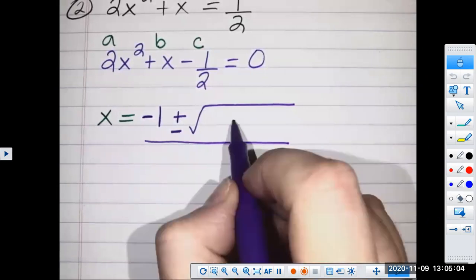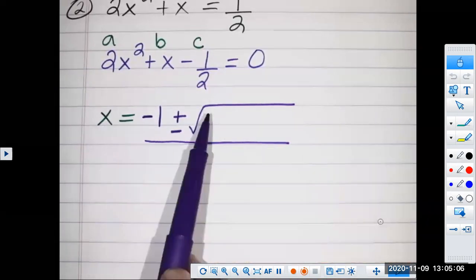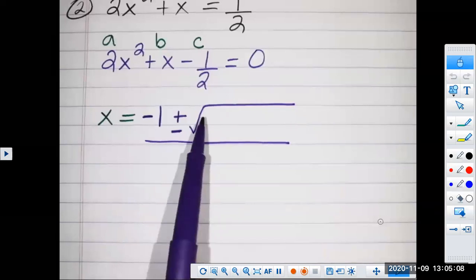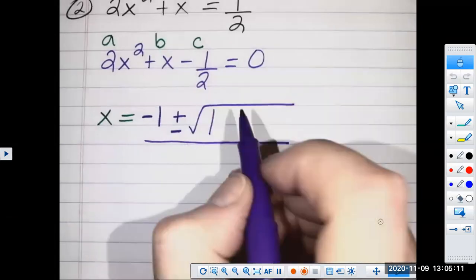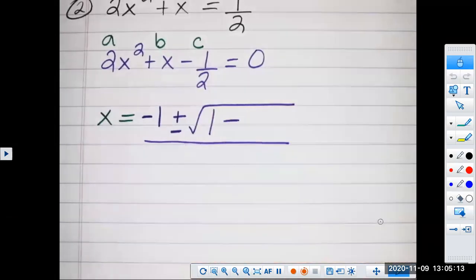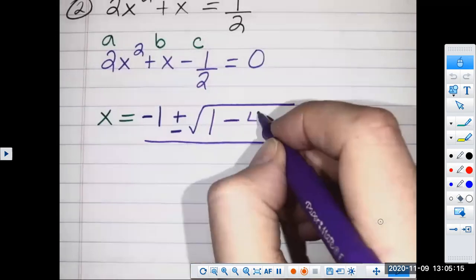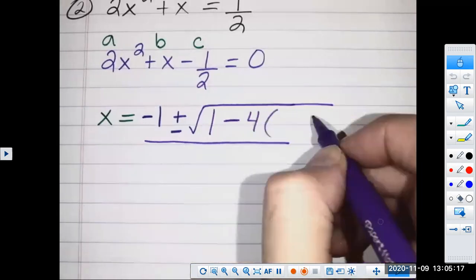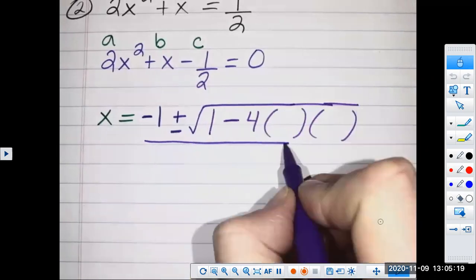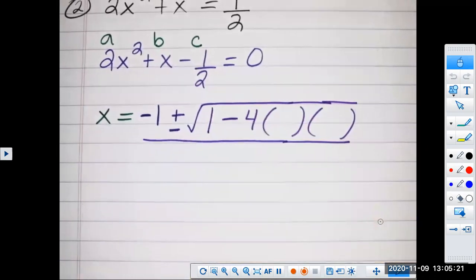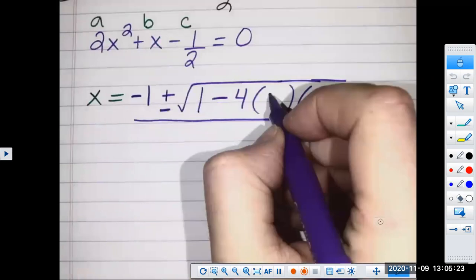You're close. Always square B. B squared goes first, so you got 1. Then you're 4. -4 times A, which is 2.